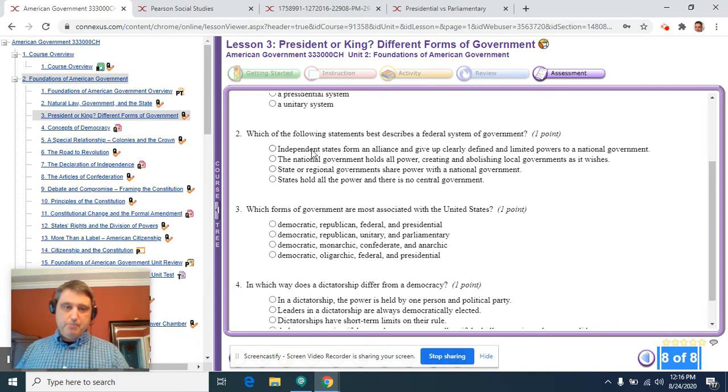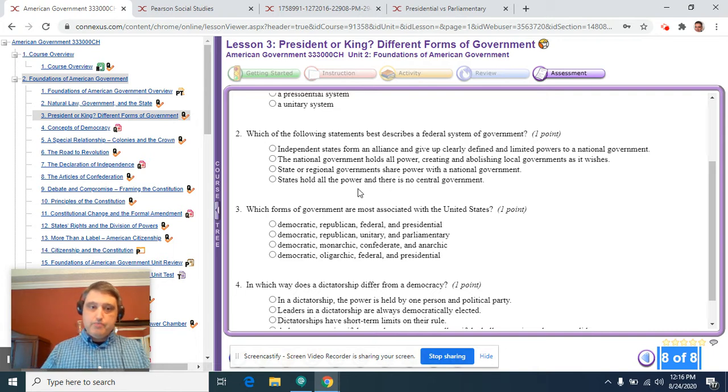Is a federal system independent states that form an alliance and give up clearly defined and limited powers to a national government? Is a federal system the national government that holds all the power, creating and abolishing local governments as it wishes? Is a federal system state or regional governments that share power with a national government? Again, share power is key there. Or is a federal system states hold all the power and there's no central government?